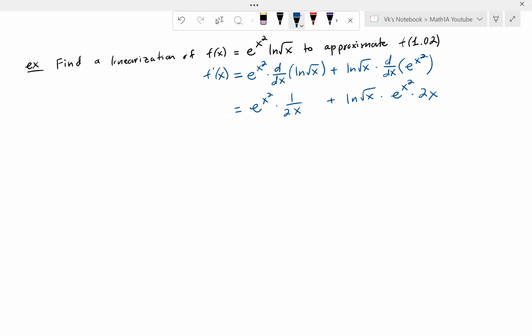Use the chain rule. And we don't have to simplify this because the derivative is useful to figure out the slope.